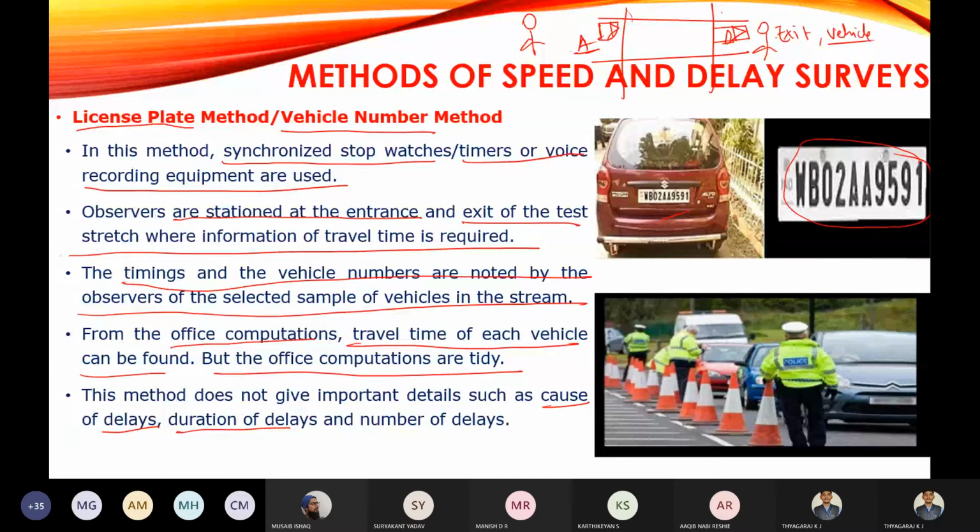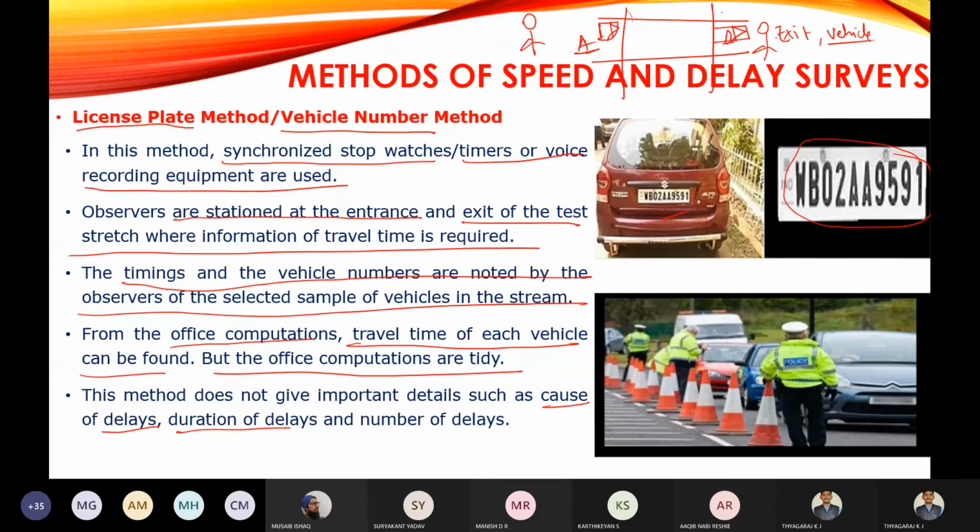In the license plate method, two observers stand, one at the entry point of the road stretch and the other at the exit point. They note down the arrival time and registration number at the entry, and the departure time and registration number at point B. After getting the data, we send it for office computation.